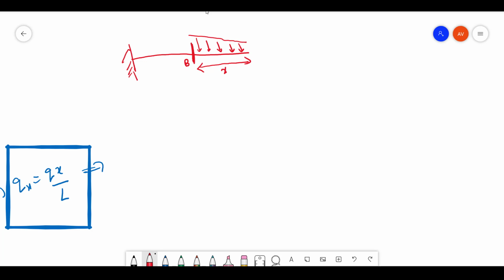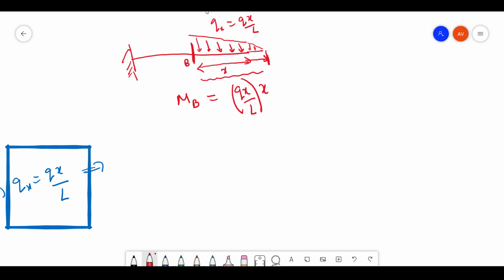Now we know its function, right? So this is x. We know its function Qx, which is Qx by L. So what is the moment at B due to that particular loading? You can write it as, so this is per unit length, right? So you need to multiply its length x.